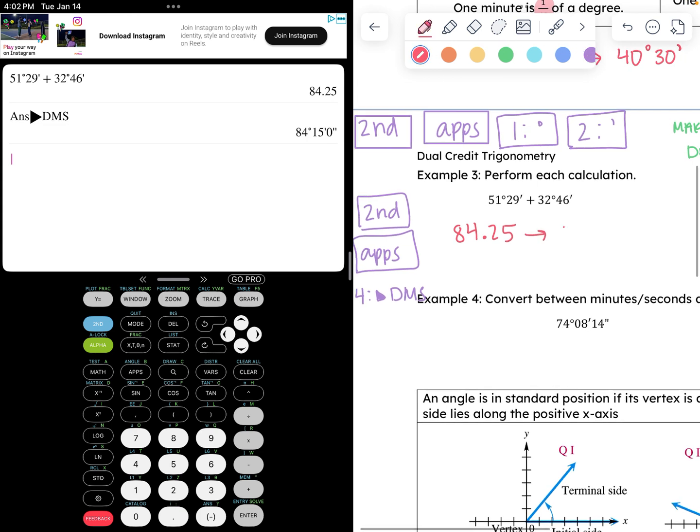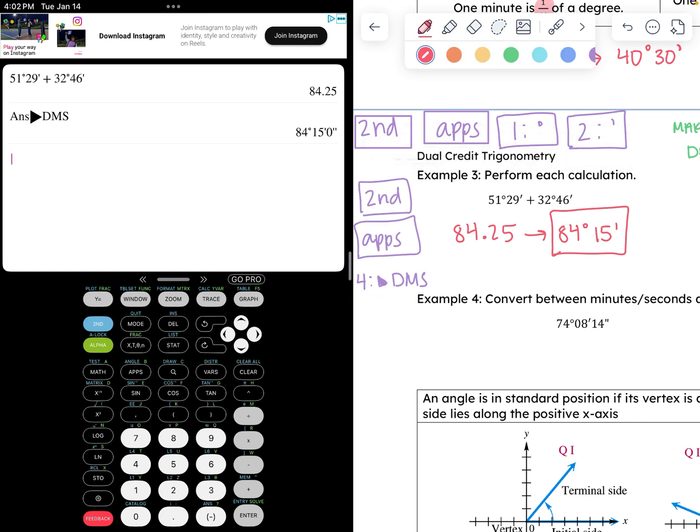So it's going to go to 84 degrees, 15 minutes. And since it's 0 seconds, I don't actually need to write 0 seconds. So I can just say 84 degrees and 15 minutes. So lucky for us, the calculator will convert it.